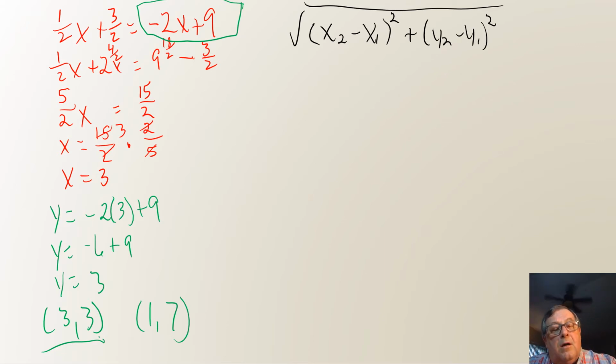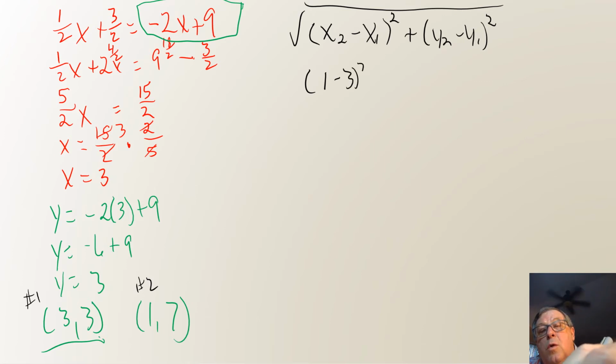Let's just say that these are the number 1s, and these are the number 2s, and let's proceed. So then I've got 1 minus 3 squared plus 7 minus 3 squared, taking the square root of all of that.